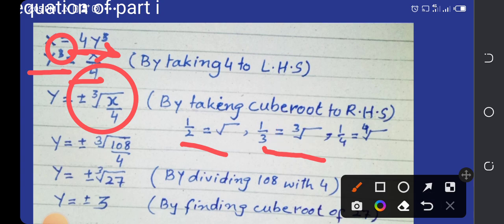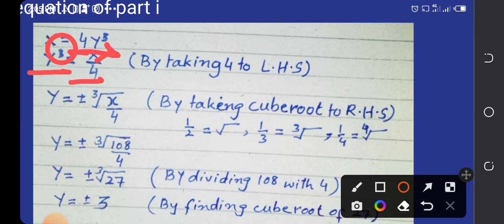If there is a 1 upon 4, that will be index 4, the fourth root, on a radical sign.